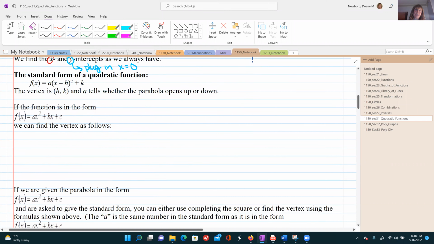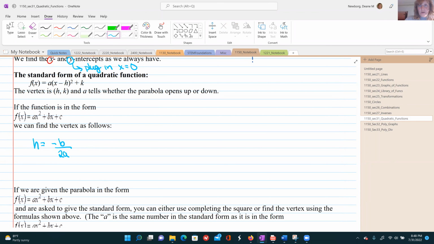If the function is not in the standard form, it's in the multiplied out form, we can still find the vertex as follows. The h is negative b over 2a.